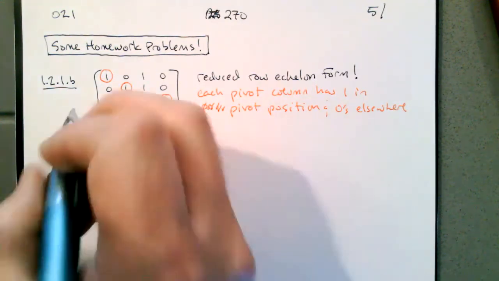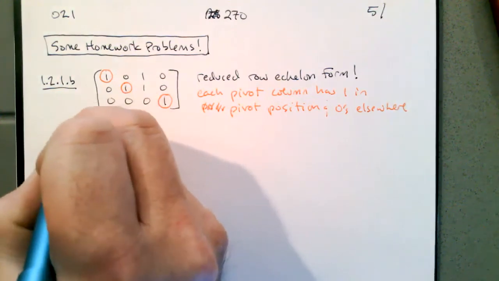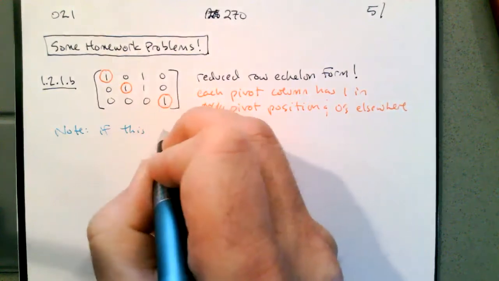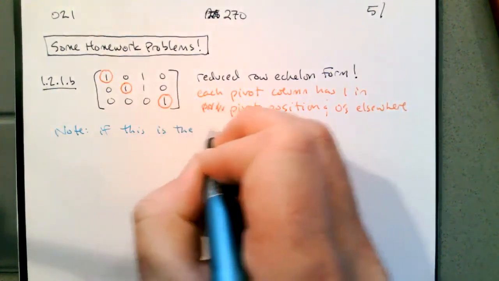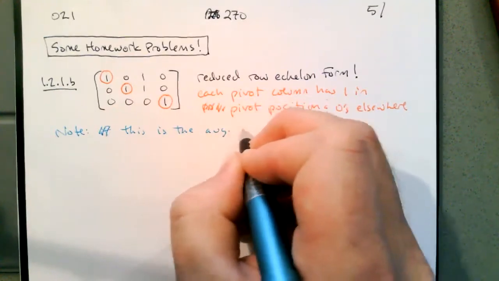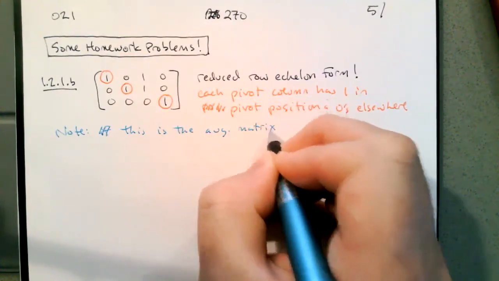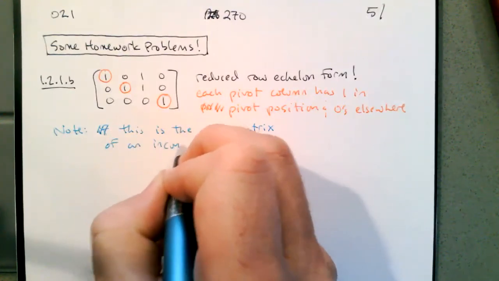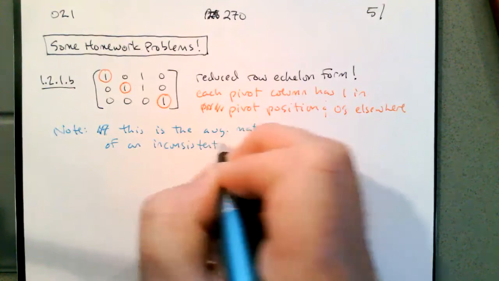Note, if this is the augmented matrix, well, let's just write it this way. This is the augmented matrix of an inconsistent system.